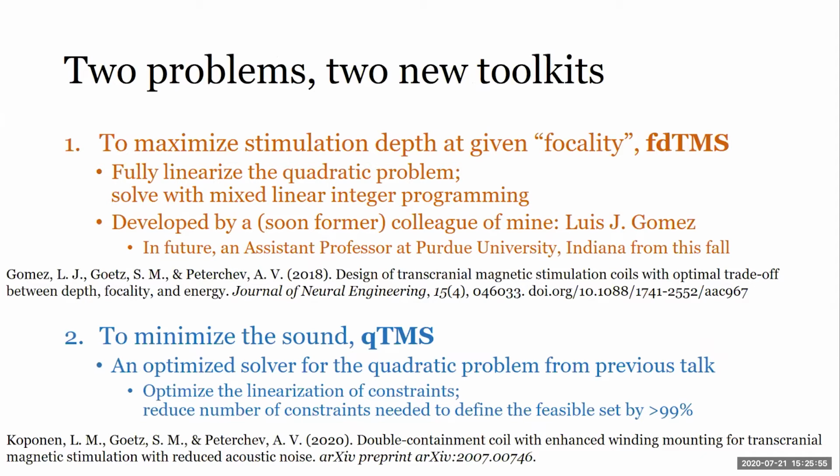So it's a useful way to linearize the quadratic parts, and the second one is an optimized solver where turning the problem into its canonical format requires roughly between 1.1 and 0.5% of the constraints that you would otherwise need.